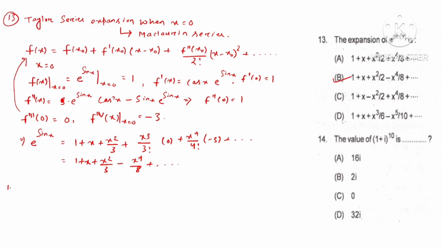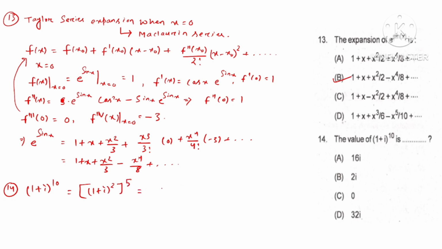So the last question of this video is the 14th one, the value of (1 plus i) whole power 10. So you can just find the value of (1 plus i) whole square, then take the fifth power of it.